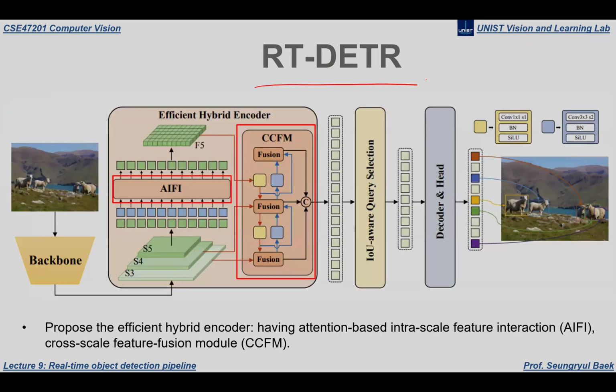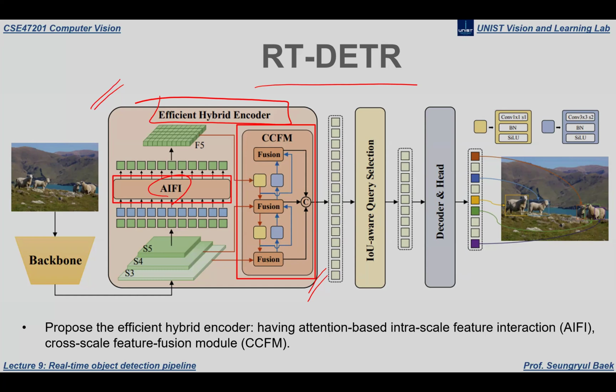So in RT-DETR, their main component is developing an efficient encoder. Here you have a transformer-like encoder, right?